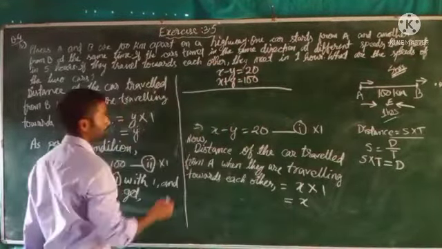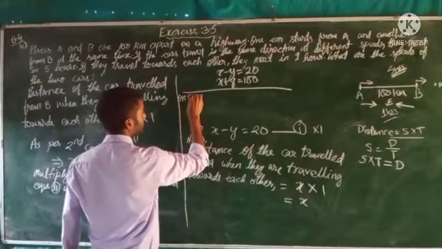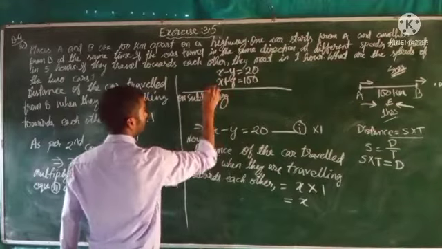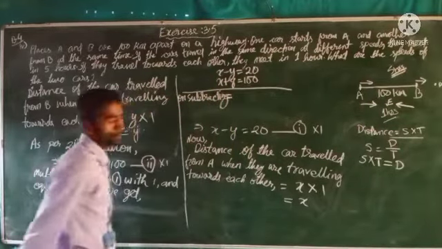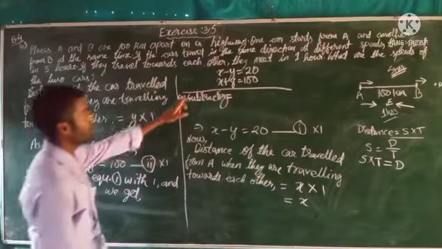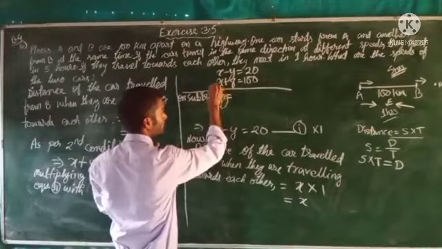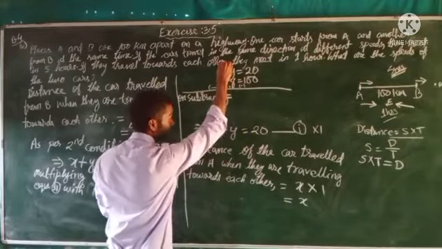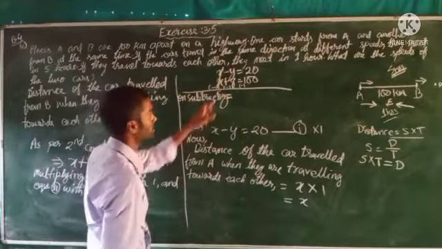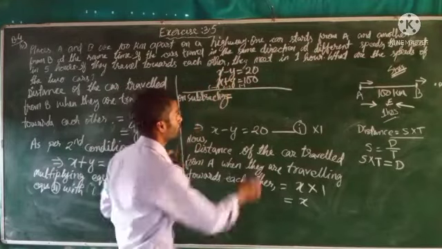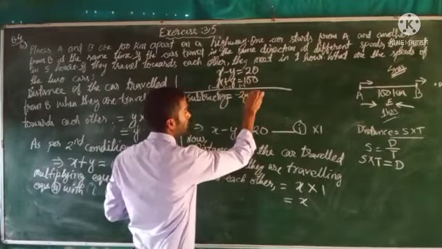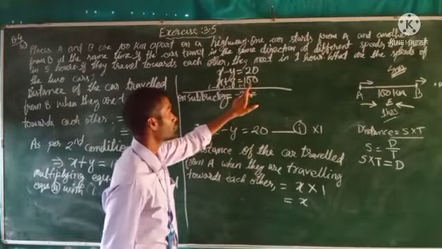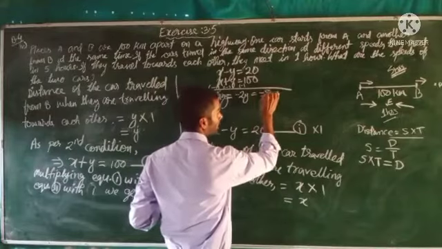Now we will subtract them. When subtracting, the sign of the second equation will change to minus. Now plus x and minus x cancel. Minus y, again minus y, gives minus 2y is equal to 20 minus 100, so minus 80.